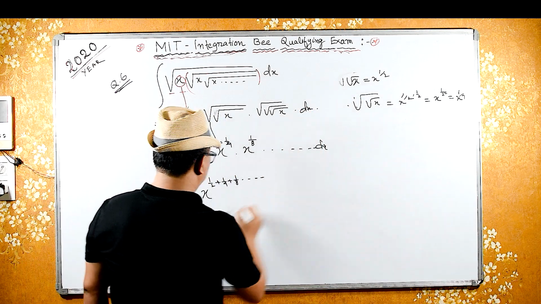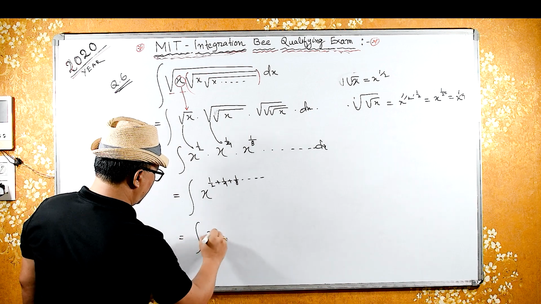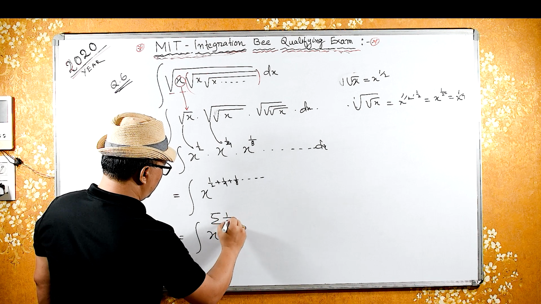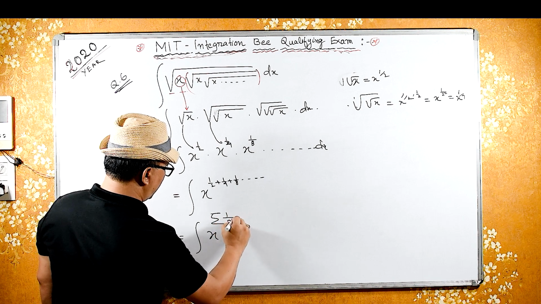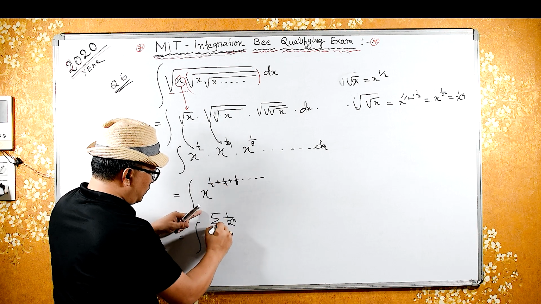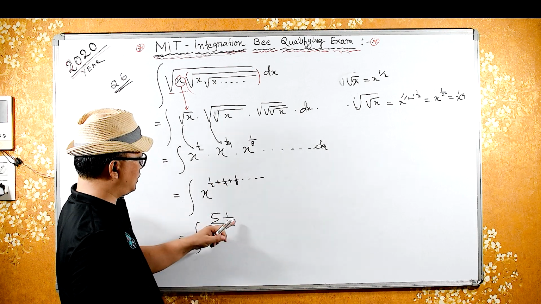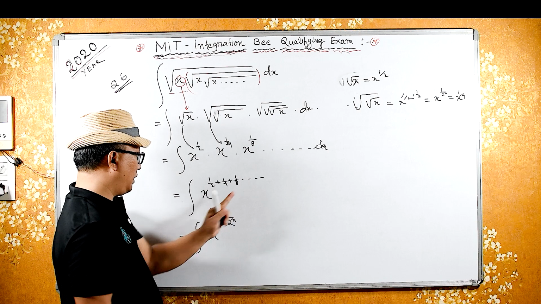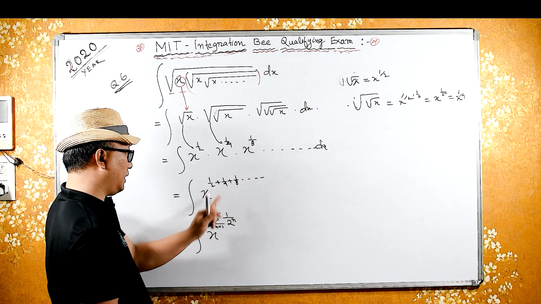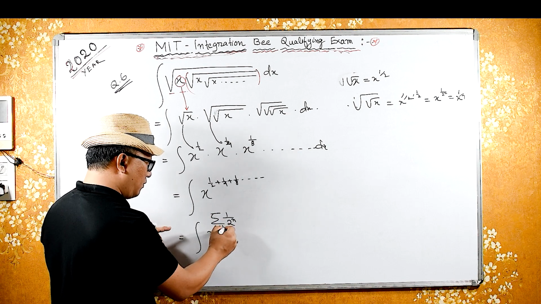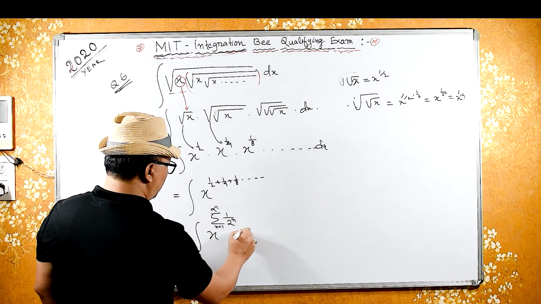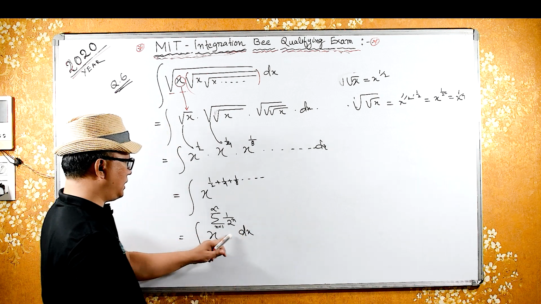Now this is the same as integral x raised to summation of 1 by 2 raised to n, where n goes from 1 to infinity, into dx. We cannot start from 0, because if n is 0 then we get 1; if n is 1, you get 2 raised to 1, which is 2.